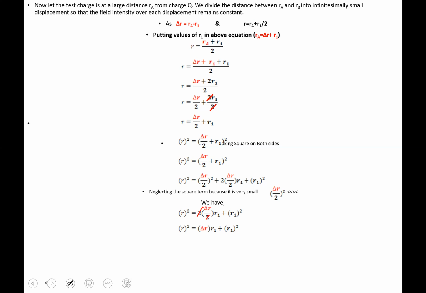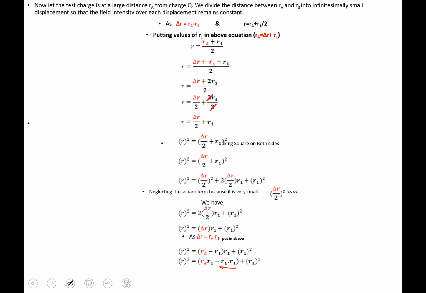Now replacing delta R, we get delta R is equal to Ra minus R1. Putting this value, we get R square is equal to Ra minus R1 into R1 plus R1 whole square. Multiplying R1 with Ra and with R1 as well, we get R square is equal to Ra into R1 minus R1 into R1 plus R1 square.